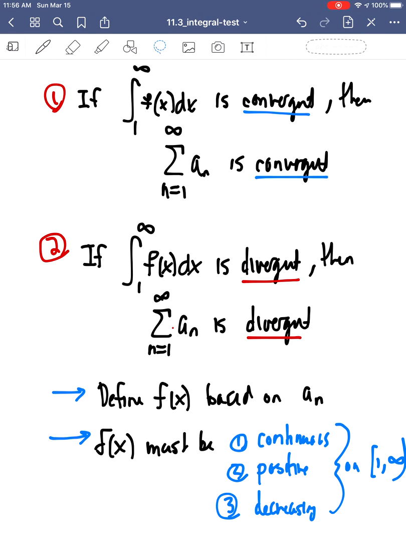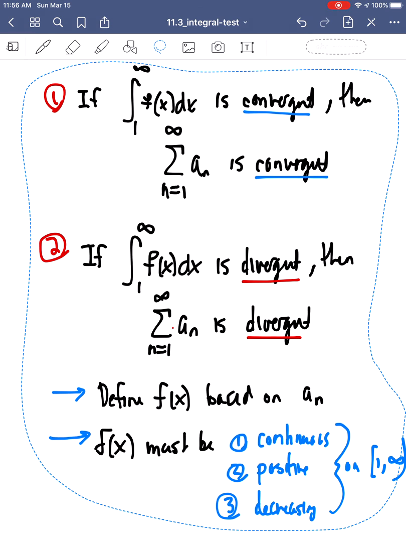So let's quickly think about a few pros and a few cons of the integral test. A pro of this test is that it can be applied to a lot of series.